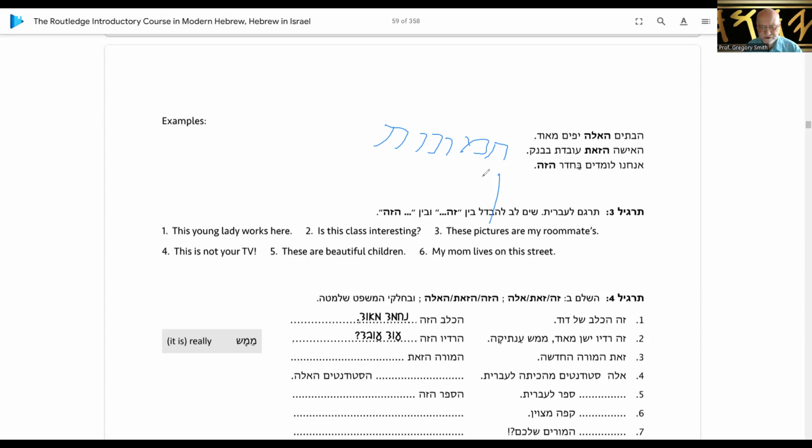Yeah, these pictures, okay. So hatmunot ha'ela, so that's what would be this here in Hebrew. And then we need to figure out whether it's going to use zeh or hazeh. I think it's probably going to use zeh in this case. We need roommate.